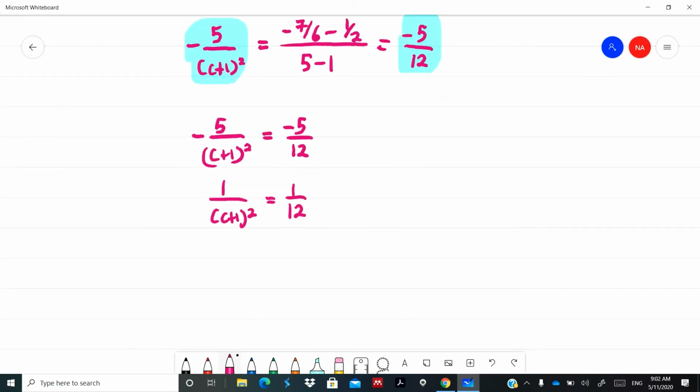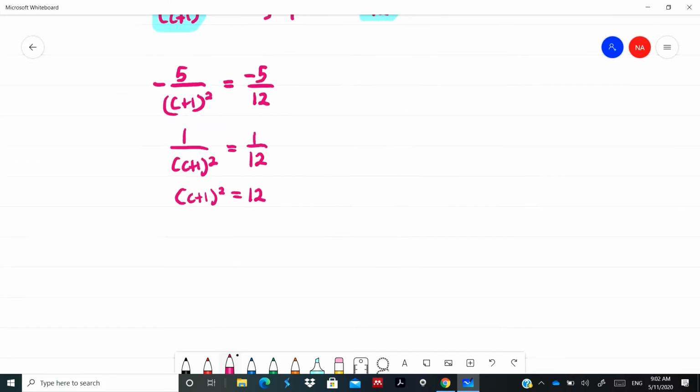Sorry, I'm going to take the reciprocal of this. So I'll have (c plus 1) squared equal to 12. Now we have to solve for the value of c by using the quadratic equation.